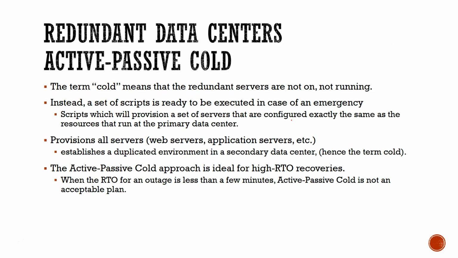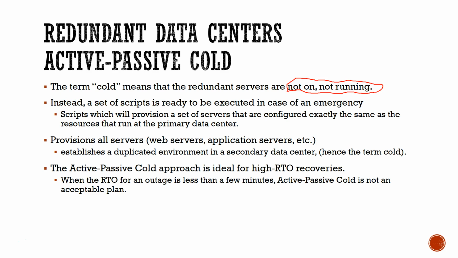Then, as an alternative, you have active passive cold. The term cold simply means that you have redundant servers, but they're not on or running. You have them on standby, and if you need them, then you can bring them up. What happens is you keep a set of scripts that are ready to be executed.